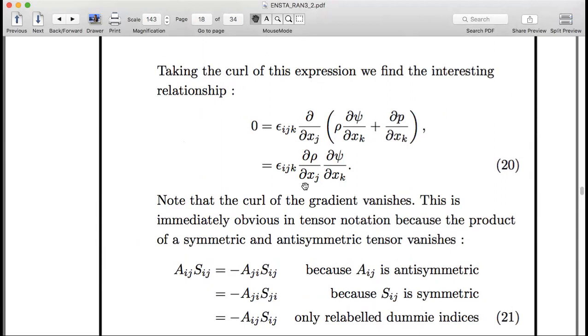Actually, maybe just before we do that, this is just a hint to help you do that. Notice that here I've got epsilon ij, let's look at the role of the indices in particular. Of course, it has the form of the cross product. When I introduced this alternating tensor, I said this is useful for the cross product. Look, we can write the cross product this way. But then I said, let's find the kth component.